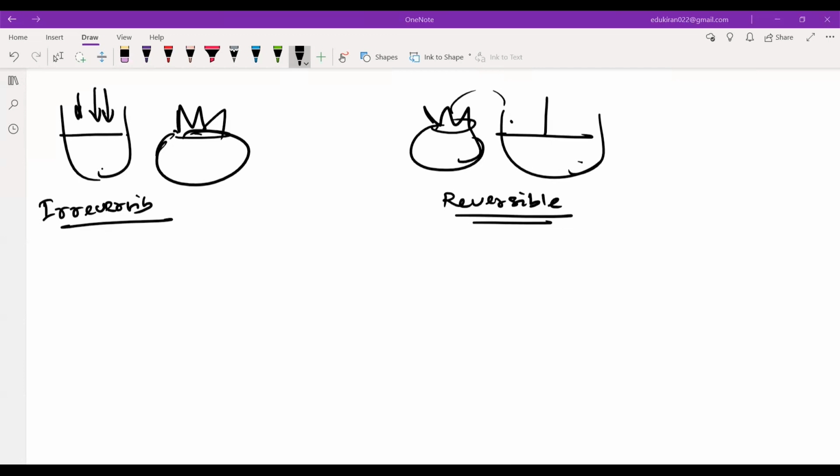Which will be easier for me, the irreversible one or the reversible one? Irreversible. We can easily pour the sand down all at once. But in the reversible process, I will have to take one sand particle at a time, and it is going to take a lot of time as well as a lot of work from me. So one thing is clear: reversible work is going to be different from irreversible work.